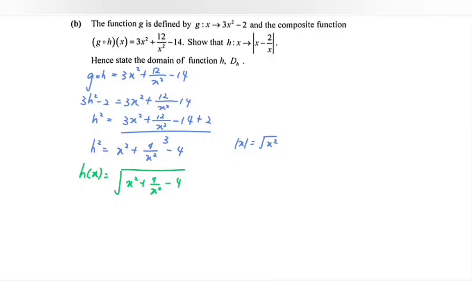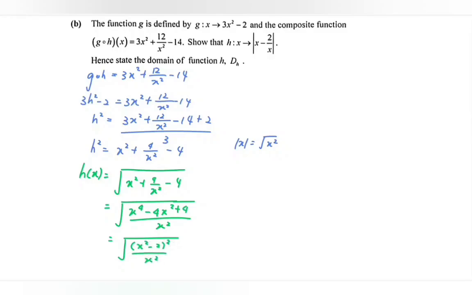So based on here, we have to equate the denominator. So we have square root, x to the power 4, and then minus 4x squared, and then plus 4 over x squared. So we may factorize the situation given. Square root. If we factorize x to the power 4 minus 4x squared plus 4, we will have x squared minus 2, bracket squared, over x squared.